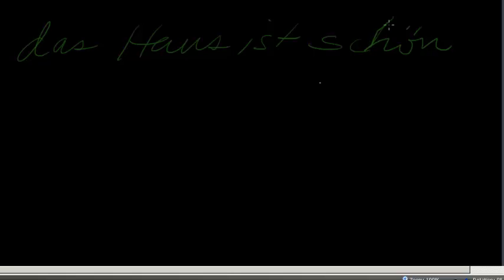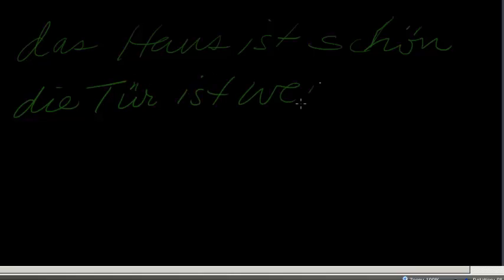You see that? So basically, it stays the same. So das Haus ist schön, or if I said die Tür ist weiß. All right. So the adjectives don't get an ending for these, like schöne or weiße.